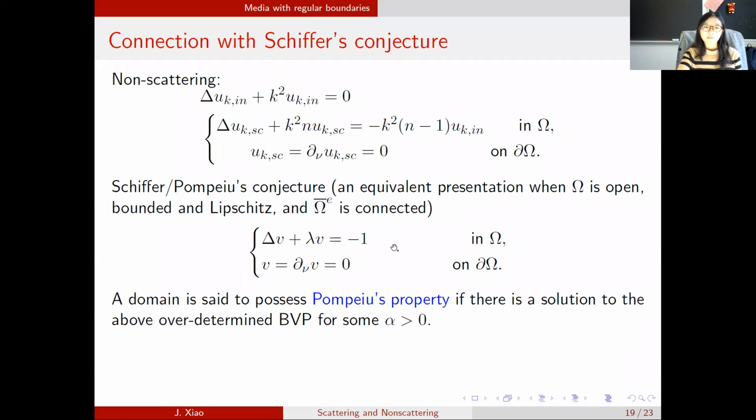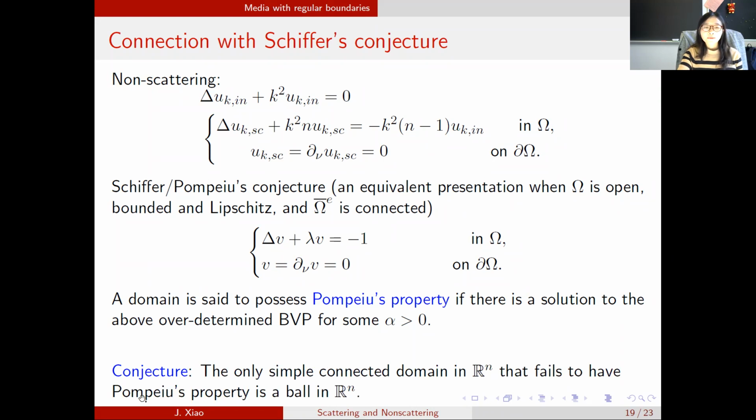Pompeiu's problem was phrased by Pompeiu in a completely different context, but in one of the papers by Williams, he proved that these two are equivalent under some non-degenerate conditions.